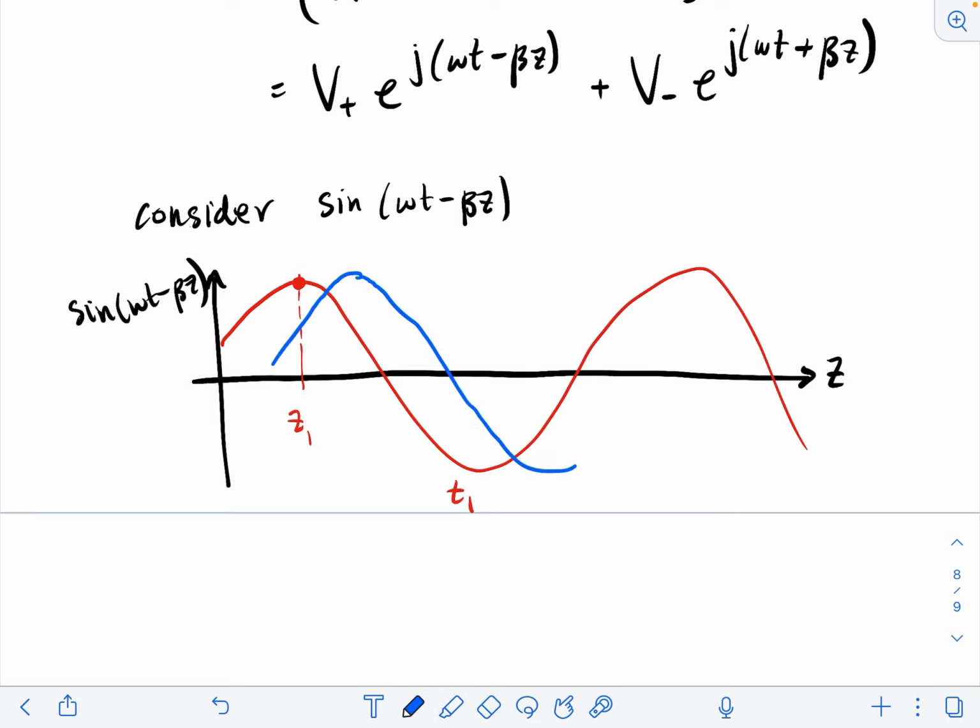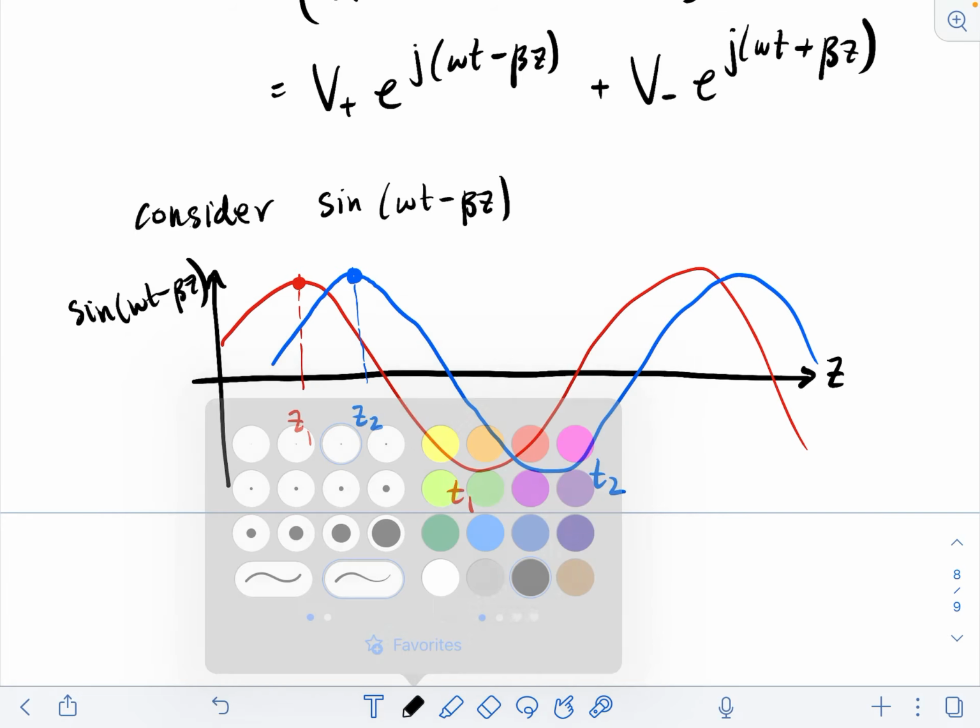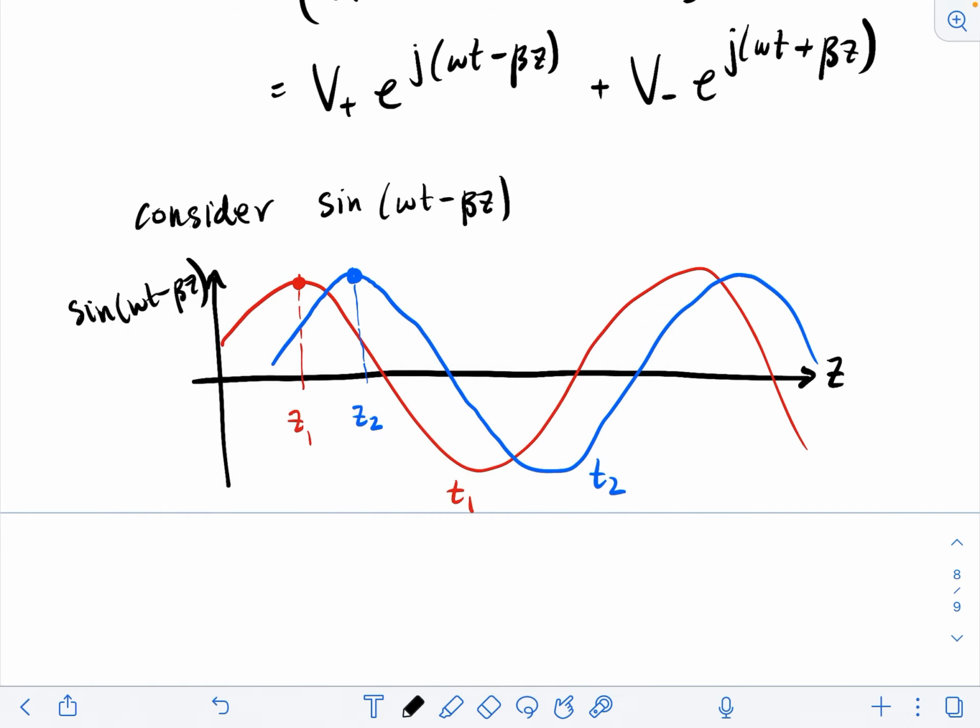This is at some later time t2, and the sine wave goes through a maximum at some new position z2. At time t1 and z1 the sine function is at its maximum value, and at time t2, z2, the sine function is also at its maximum value.